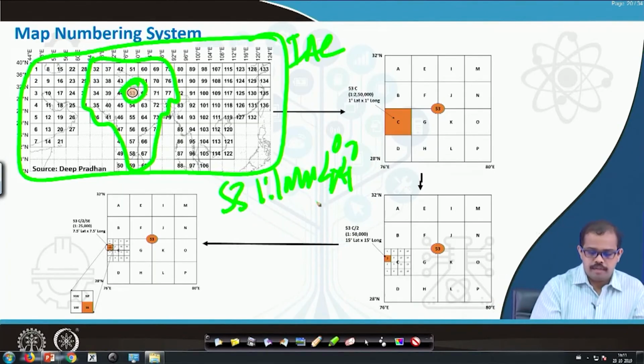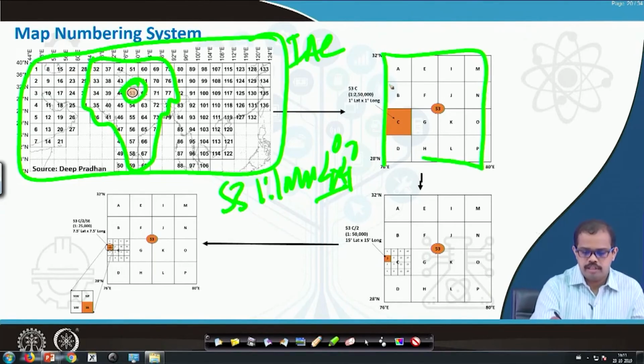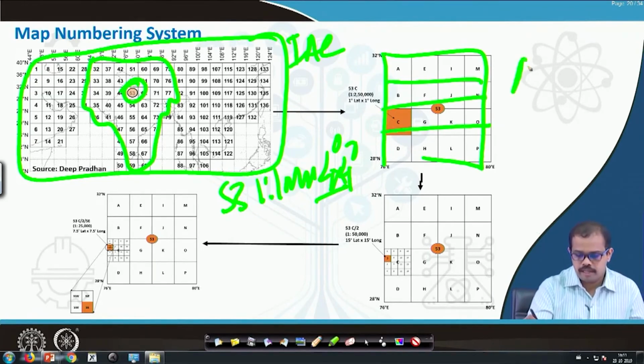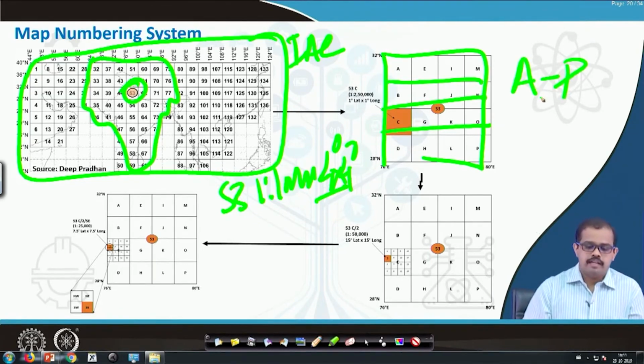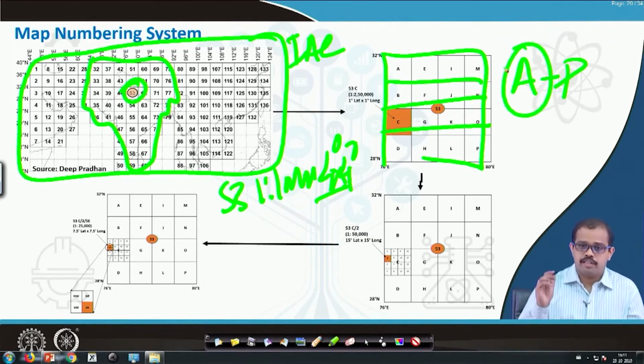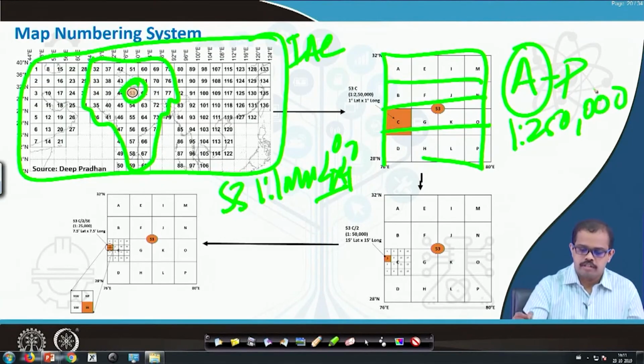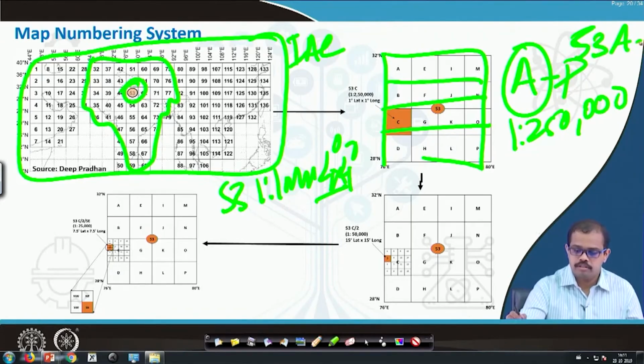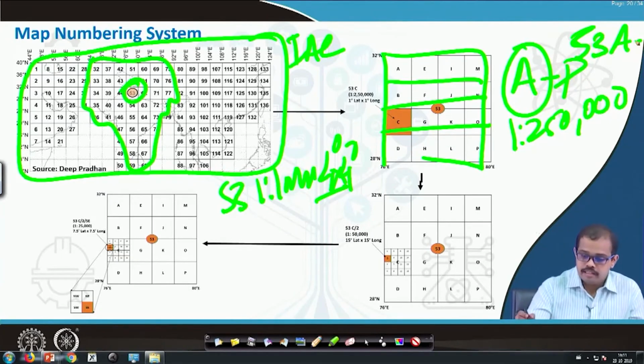Now if you divide that 4 degree by 4 degree into 16 units and name it from A to P, then each of A, B, C, D represents 1 is to 250,000 units on the ground. We represent this as 53A through P: 53A, 53B, 53C, 53D, each of them representing a map.